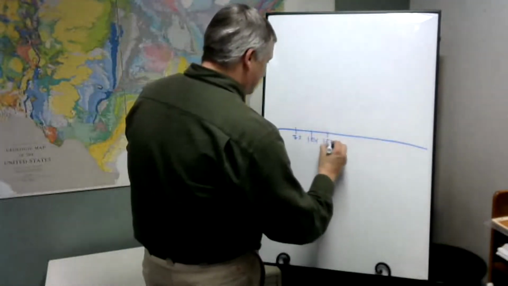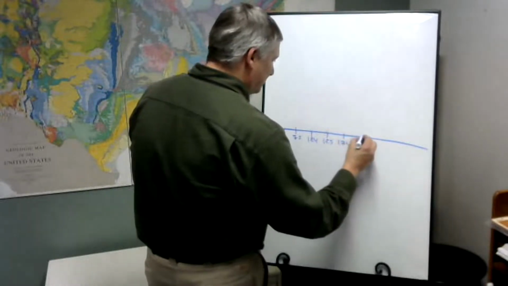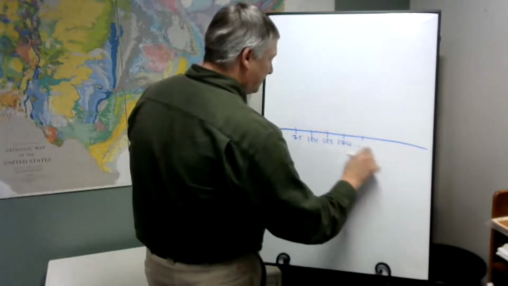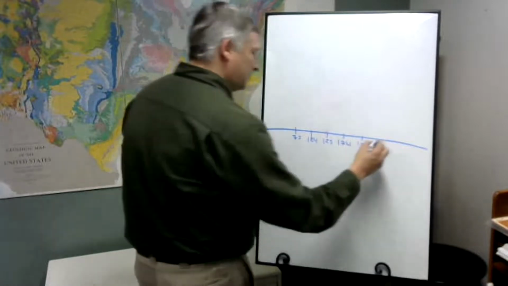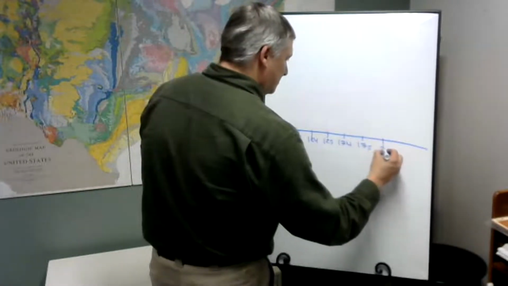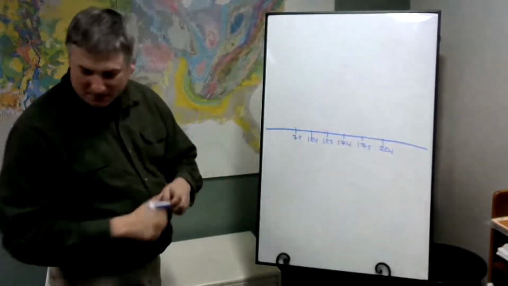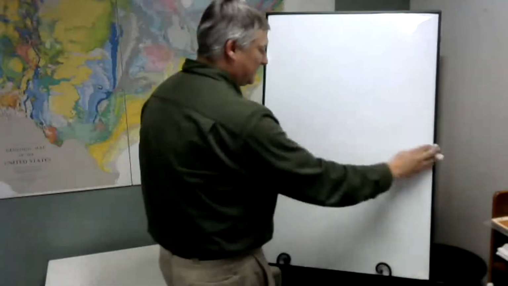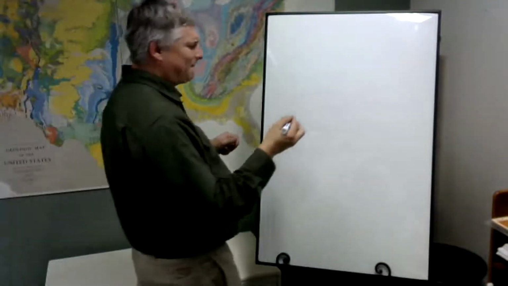So 125, 174, 175, 224. Ooh, this is going to be kind of small. Let's see, I can do a different example here. Let's do a smaller example. It's not going to fit.